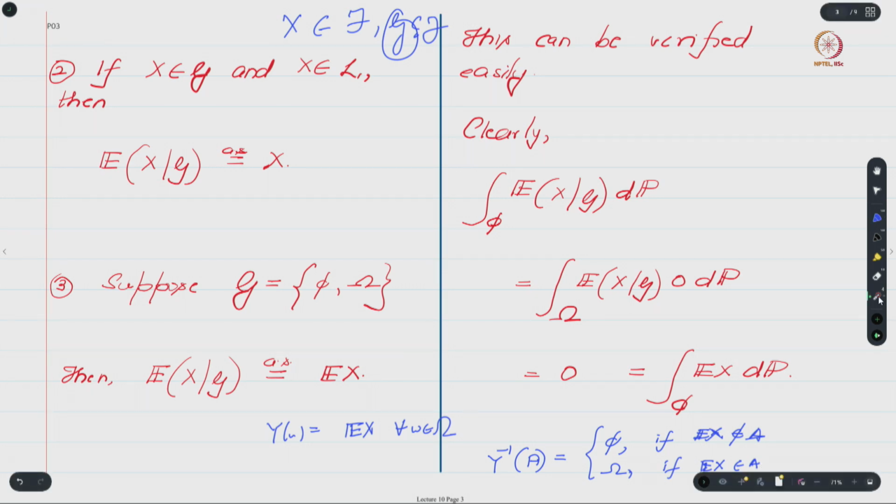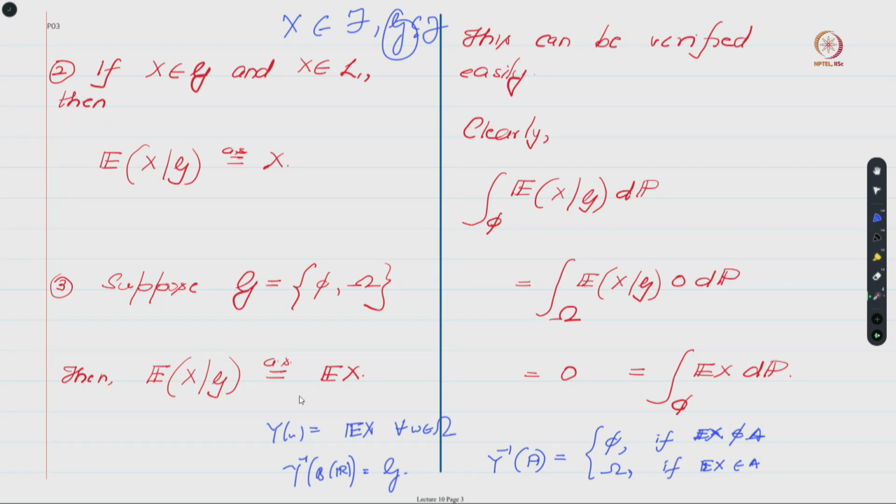In this sense you can see that this constant on the right hand side is indeed G-measurable, because the inverse of any A is either the empty set or omega. In particular we can conclude that y inverse of B of R is actually contained in G, which is what is given over here. So this is G-measurable.